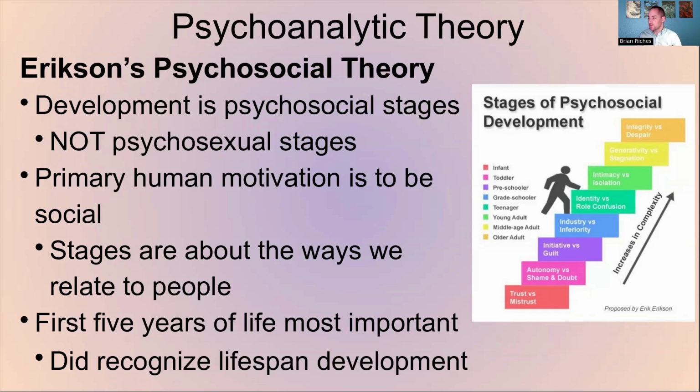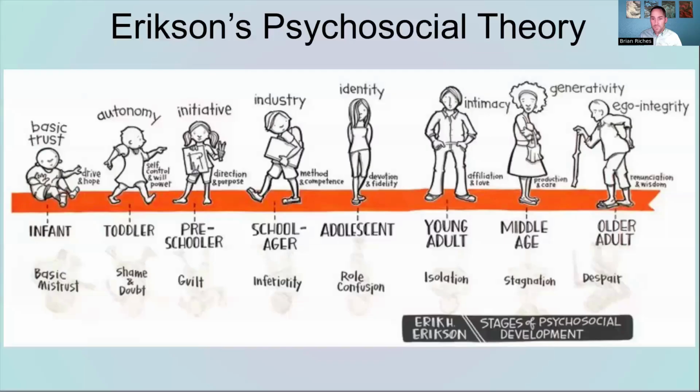So things like trust versus mistrust earlier on in life, in adolescence, identity versus being confused about your roles in the world, to in later adulthood, have you lived a life of integrity or are you despairing because you did not? So these are looking at social, unconscious social motivations for behaviors. So here's another diagram of that, of the different age ranges of these different crises for Erikson.